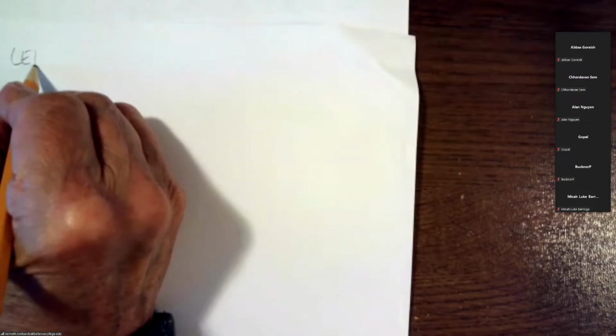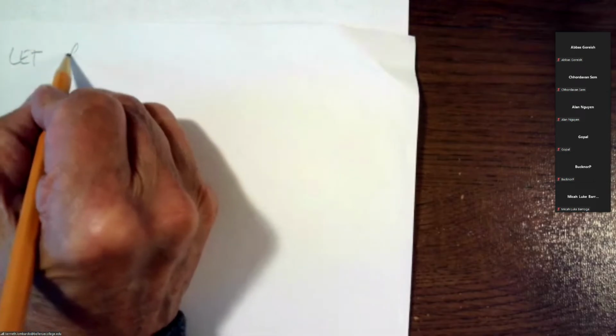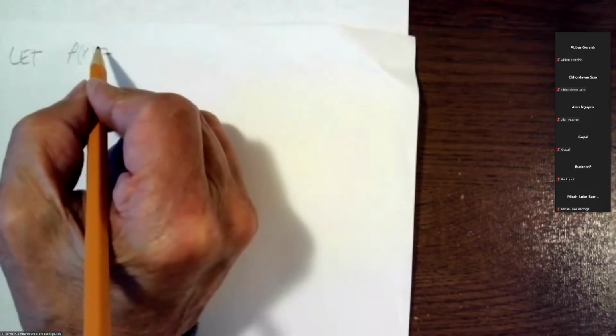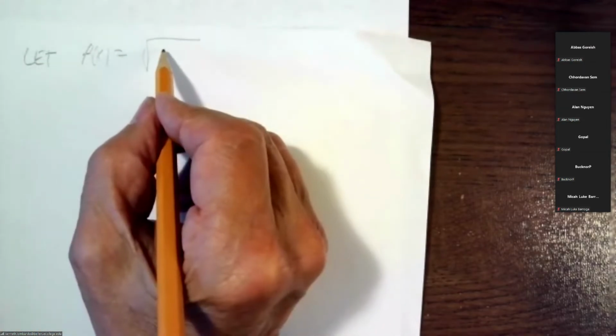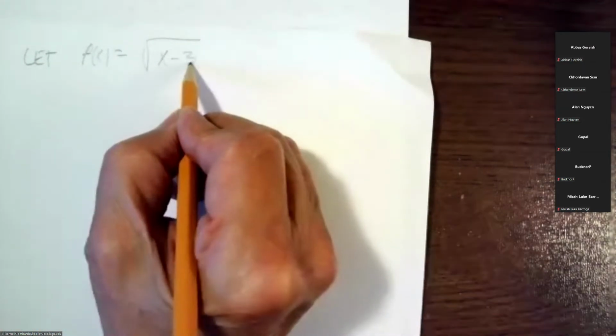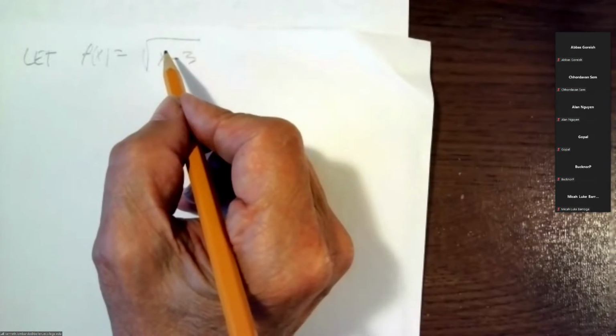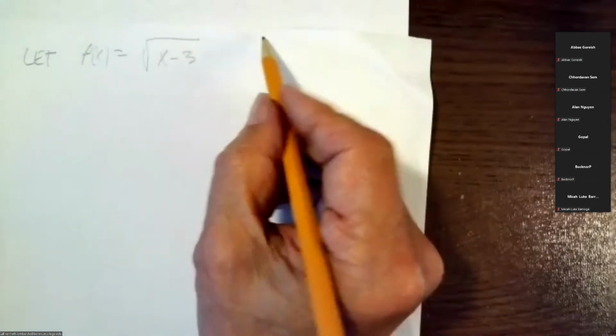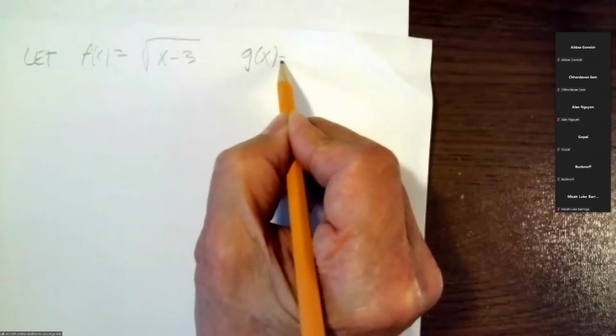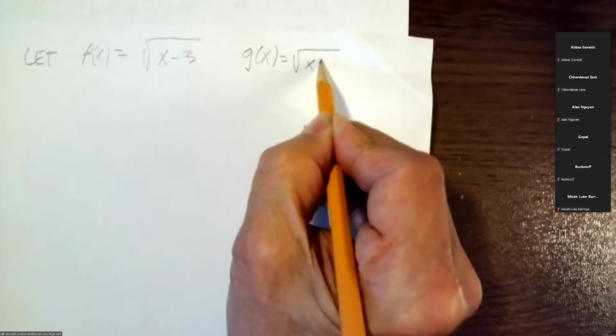Let's see if we've got any more values that we can take a look at here. If we let some function of x equal root of x minus 3, and maybe g of x equals root x plus 1.